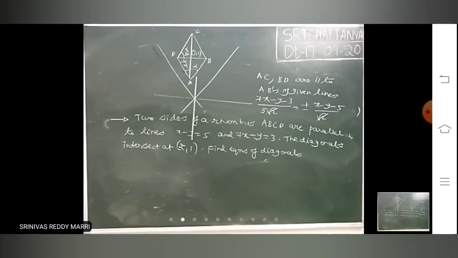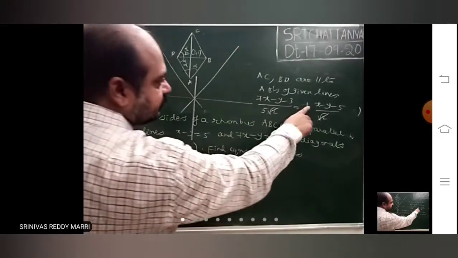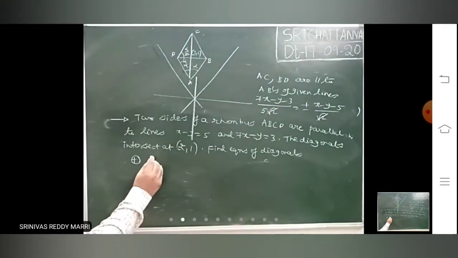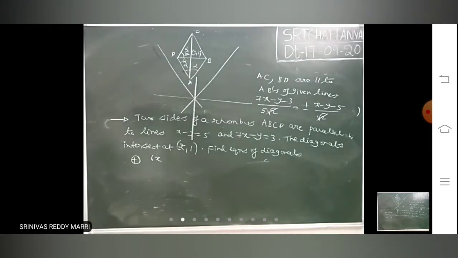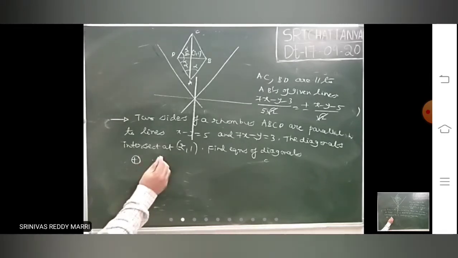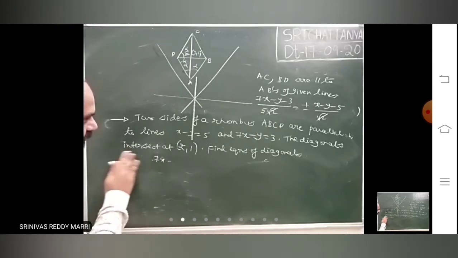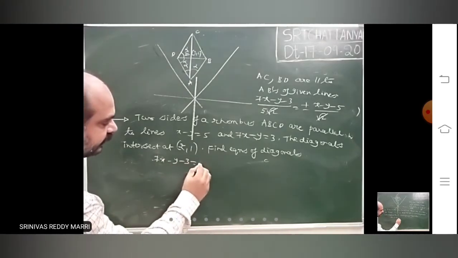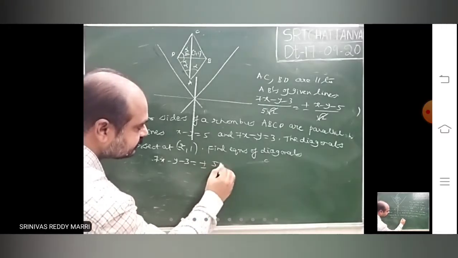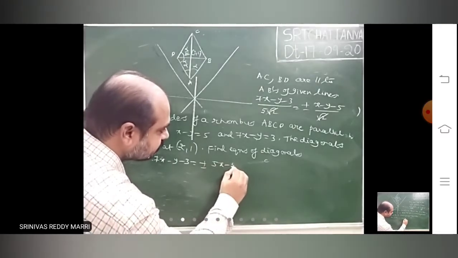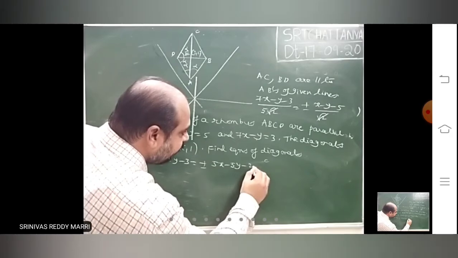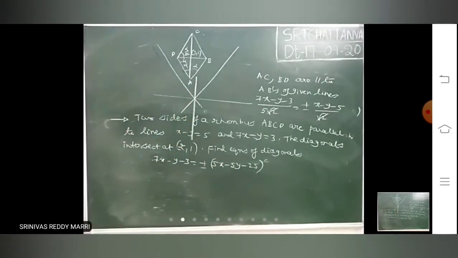If you take plus, what do you get? 7x minus y minus 3 equals plus or minus 5x minus 5y minus 25.